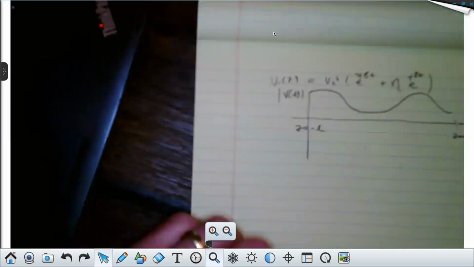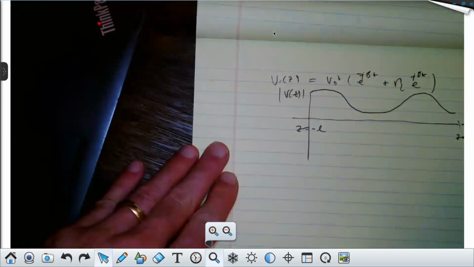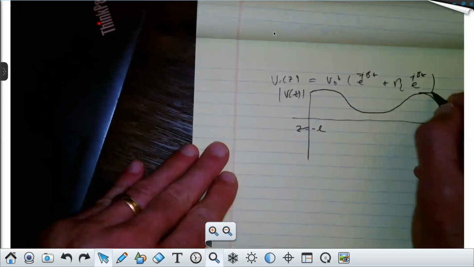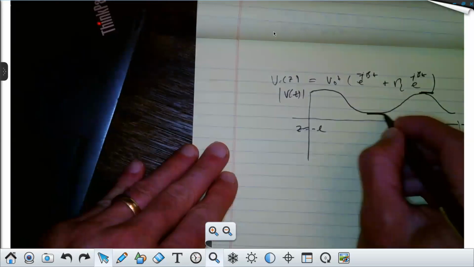Now, here's the important thing I want to stress. The peak value would be here and the minimum value would be here. Do you all see this?